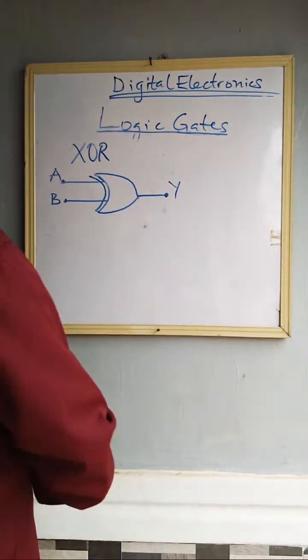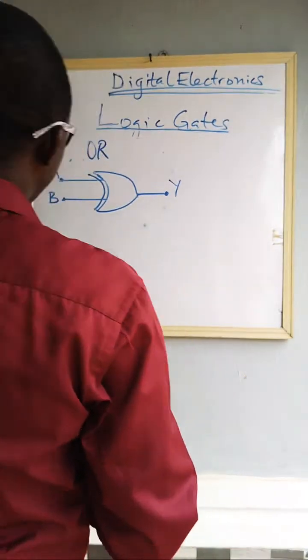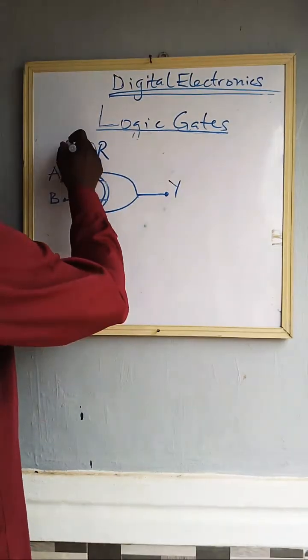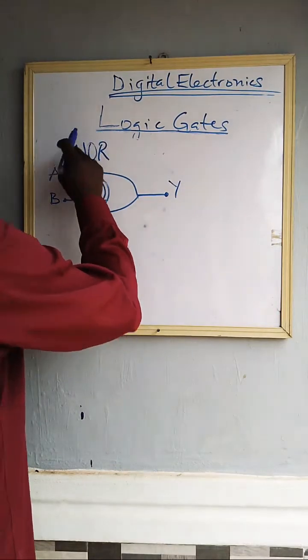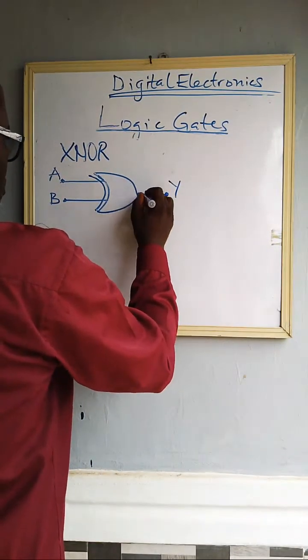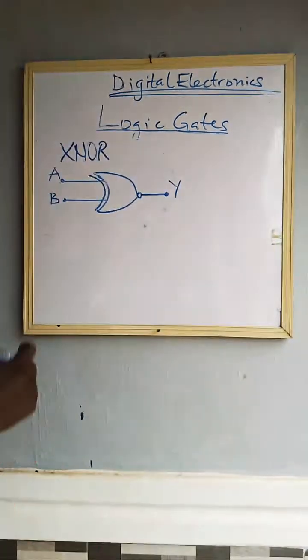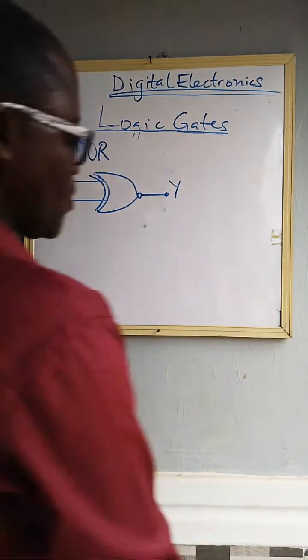We also check the truth table for the gate. Now we are dealing with XNOR, another interesting gate. For XNOR, we are going to have a bubble at the output. So I changed the symbol for the XOR gate to get the XNOR.